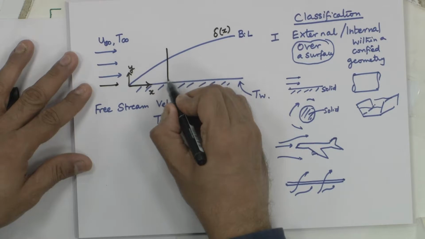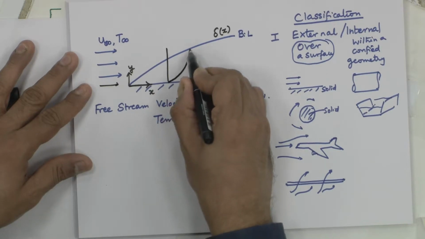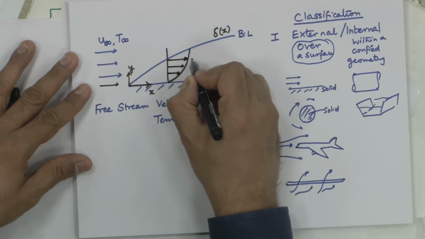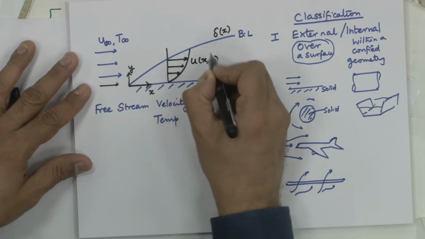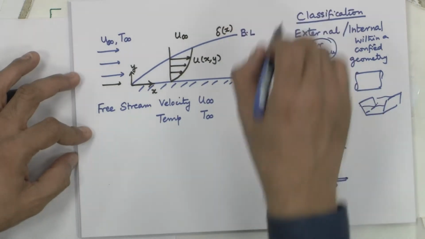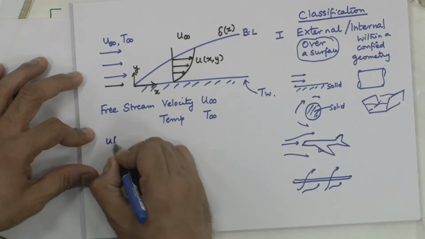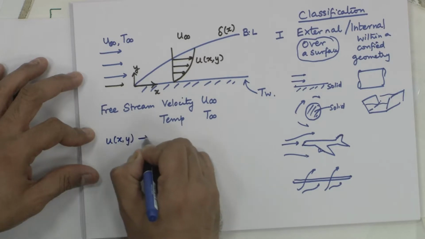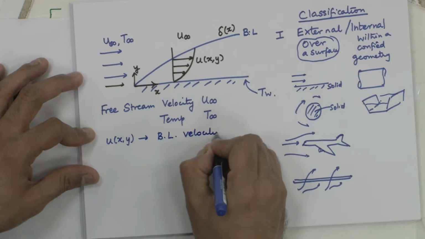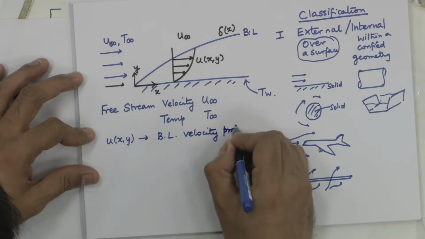In fluid mechanics, we have seen this is the velocity profile. This is U of x comma y, U infinity here throughout. U of x comma y is the boundary layer velocity profile.